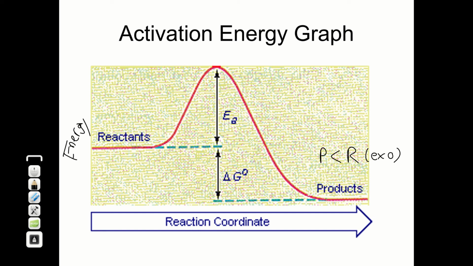What I could possibly see is a reaction where it goes up and maybe stops right here, where the products are above the reactants. If products are greater than the reactants, then we have an endothermic reaction. Again, energy must have been absorbed, okay, for that to occur. So that is everything we can get out of an activation energy chart.